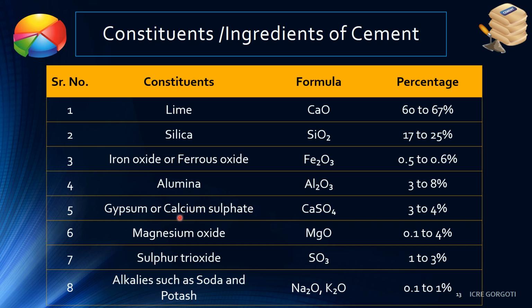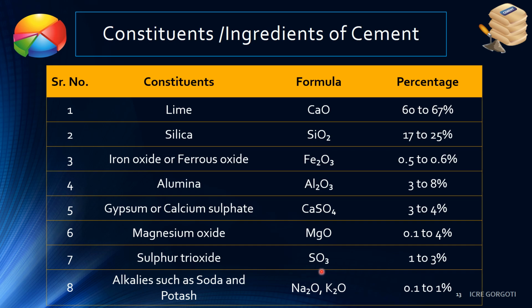The fifth constituent is gypsum or calcium sulfate. Its formula is CaSO4 and its percentage is 3 to 4%. The sixth constituent is magnesium oxide. Its formula is MgO and its percentage is 0.1 to 4%. The seventh constituent is sulfur trioxide.